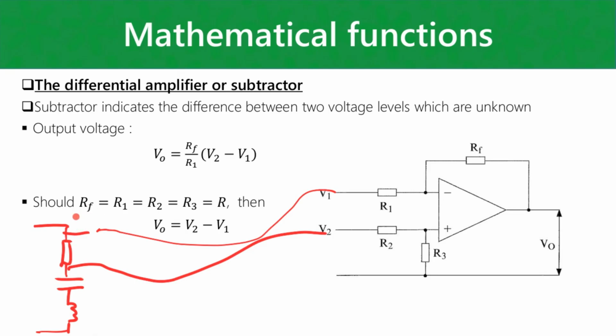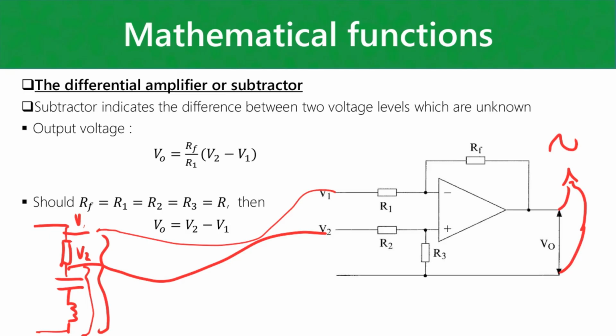So V1 is going to have a different value to V2. V1 is the voltage from there to ground, and V2 is the voltage across your capacitor and inductor to ground. Then you're just taking that difference, amplifying it, and that goes to your oscilloscope.